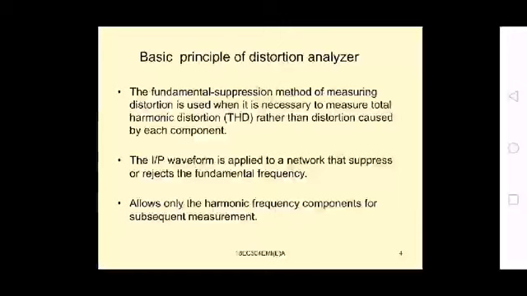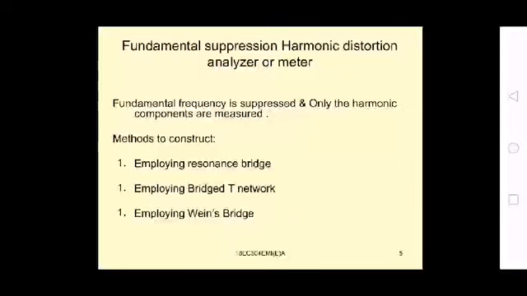Whatever the input network is, it has to suppress the fundamental frequency component and allow all the harmonic frequency components for further measurements. We will have three methods to measure.